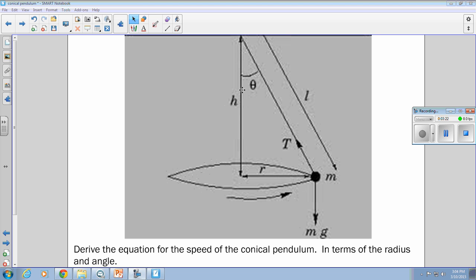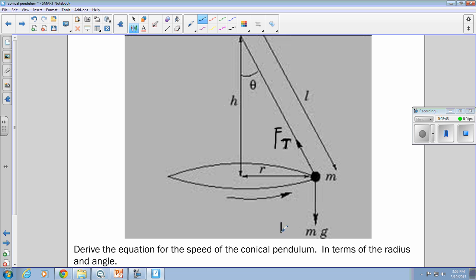And you can see the triangle that's made with the conical pendulum with a given angle theta here. And let's just relabel some of these things in terms of what we're used to. This is Ft, force tension, right here, directed upward.